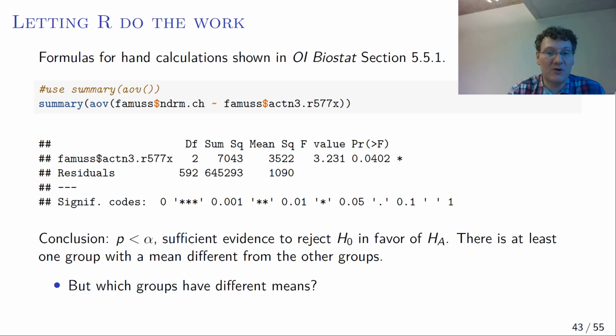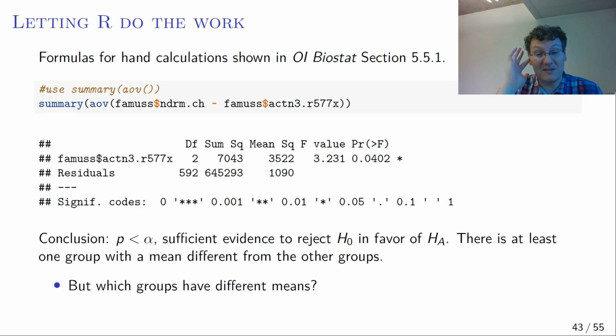So the way that you do an ANOVA test in R is with the aov function. It does the test. The aov function actually creates an ANOVA test result. It creates an ANOVA test object. And to actually see the results of it, you want to do a summary of the ANOVA object. So you do summary and then parentheses aov.